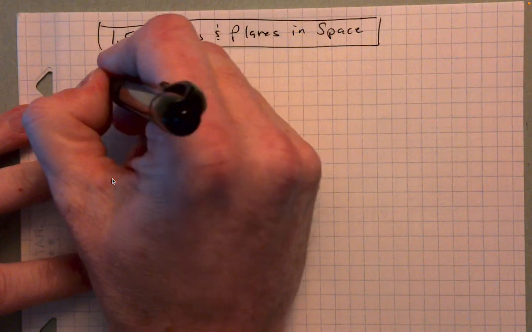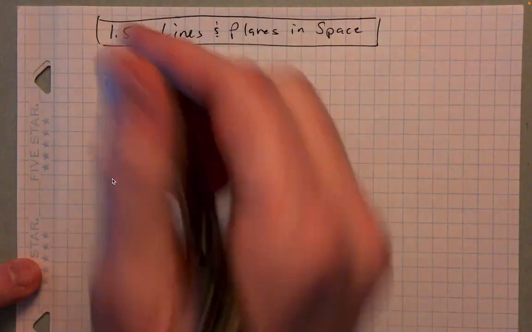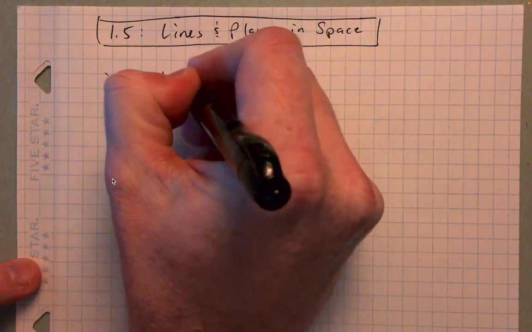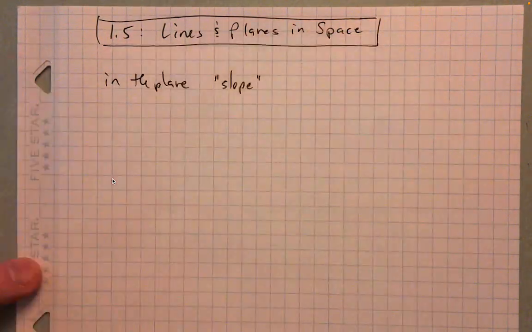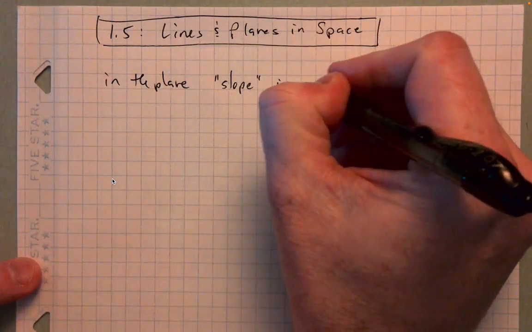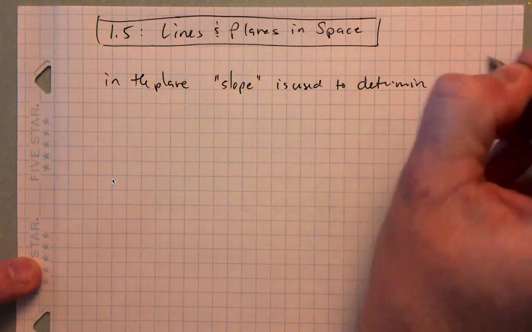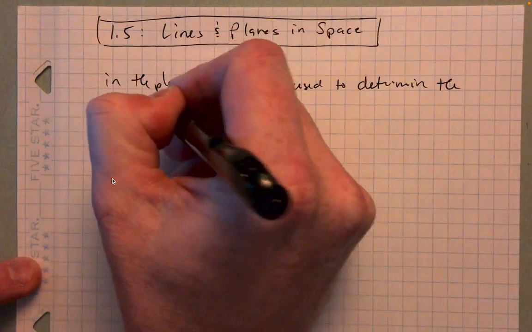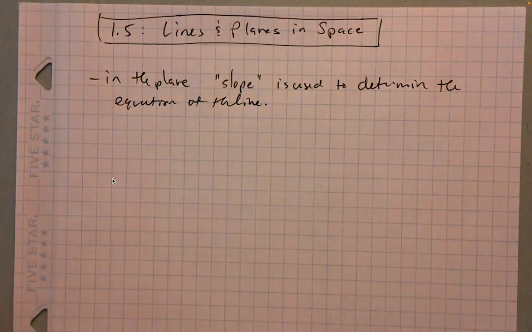In the plane, it's a logical place to start with this idea of slope. In the plane, slope is used to determine the equation of the line.